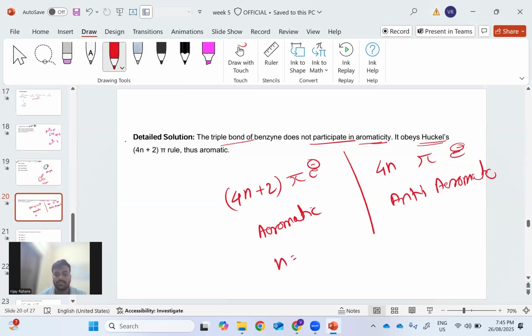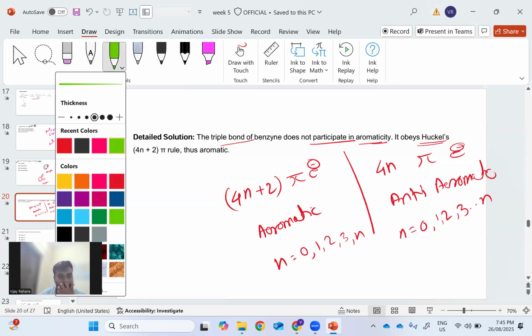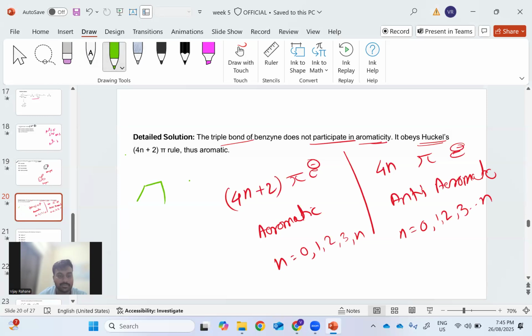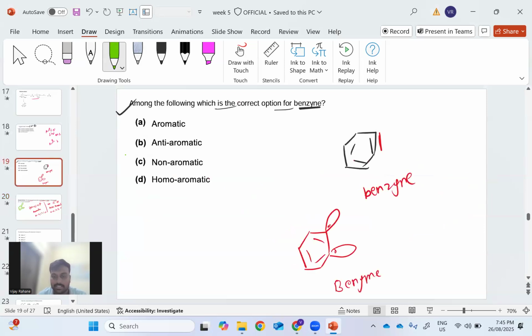Here n is equal to 0, 1, 2, 3. So in this manner. And in this case, the benzyne intermediate that we have shown earlier. So these are the two electrons, right? And they are not part of the pi system.